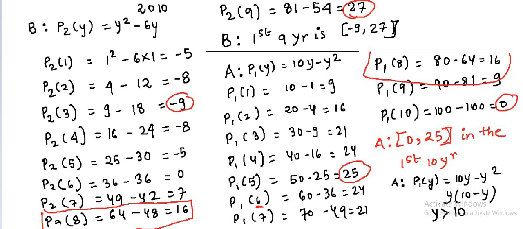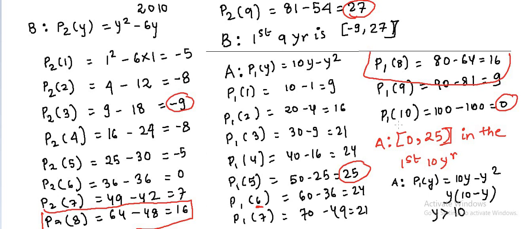You can put down the values. You will observe that when y is greater than 10, the profit will always be negative. At P1 10 it was not making any profit. After that it will start having a loss. So yes, after the 10th year, it should stop working.